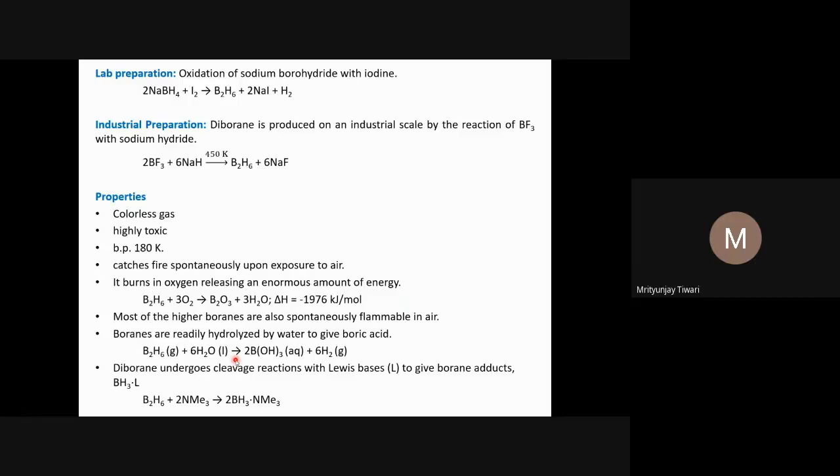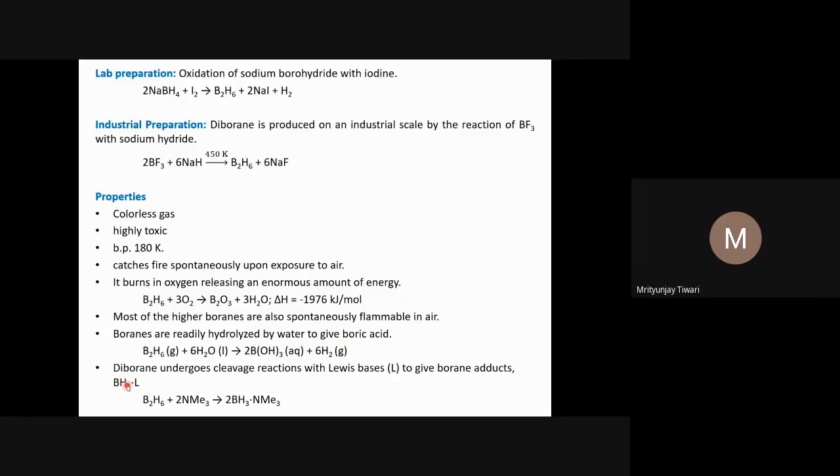So what we see, the diborane is B2H6. It means it's BH3 units. Two units of BH3 combine together to form diborane. When a Lewis base is used, in that case this diborane splits, it cleaves into two molecules of monoborane, two BH3 molecules, and each BH3 molecule will now form an adduct with one Lewis base, and see, one adduct that we see is BH3L, where L is the Lewis base.